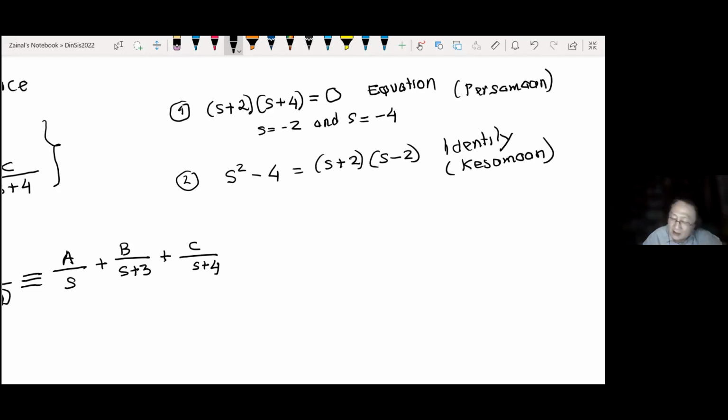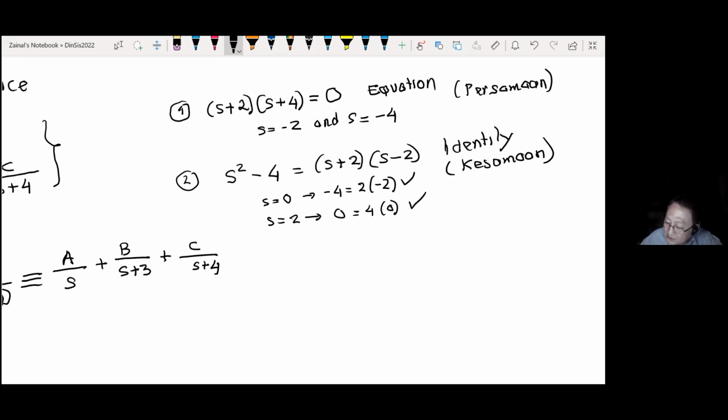You can try s equal to 0: minus 4 is equal to 2 multiplied by minus 2, which is correct. Try s equal to 2: this becomes 0, equal to 4 multiplied by 0, which is correct.